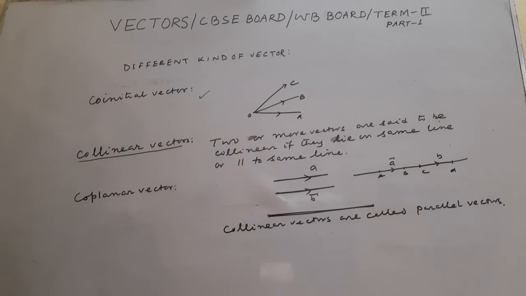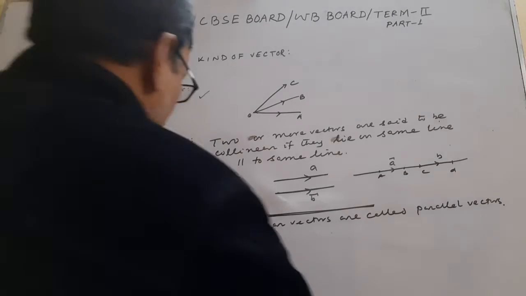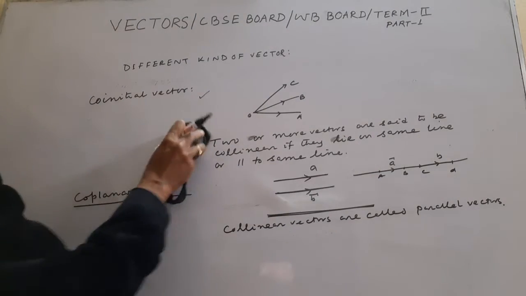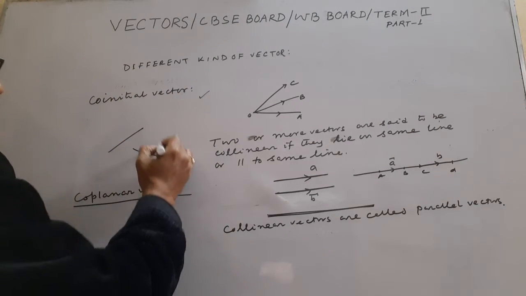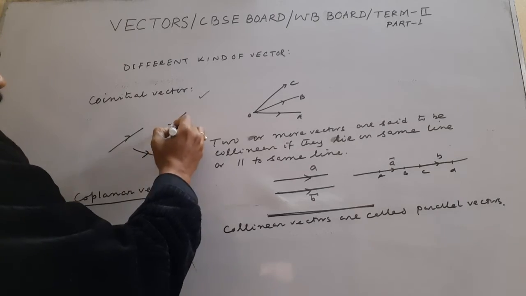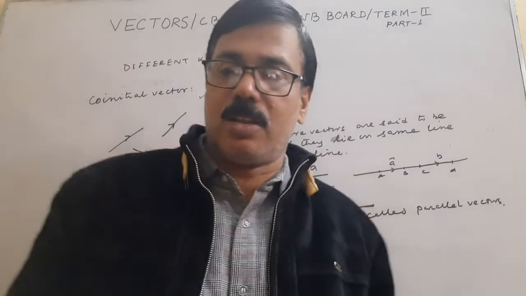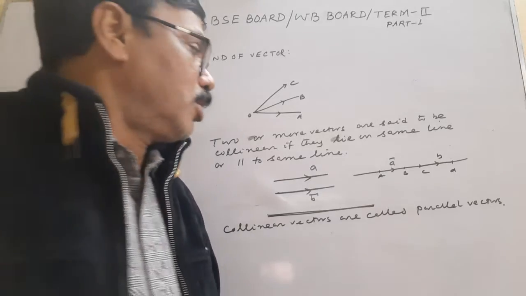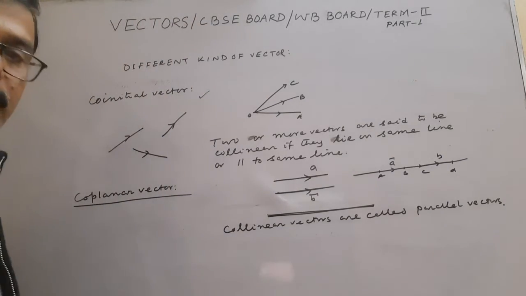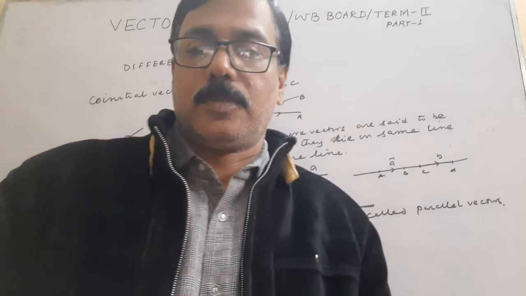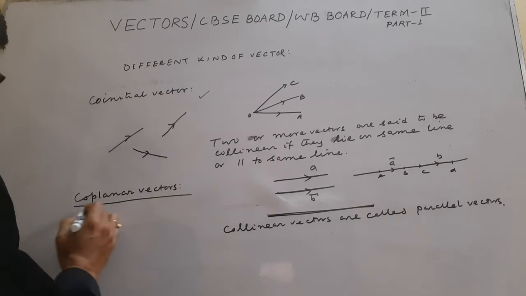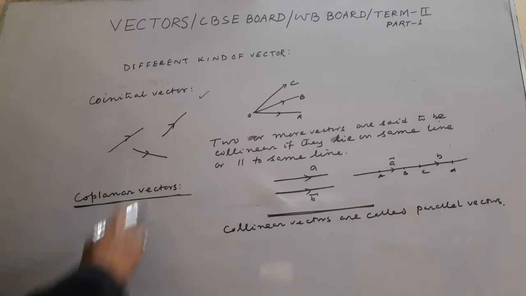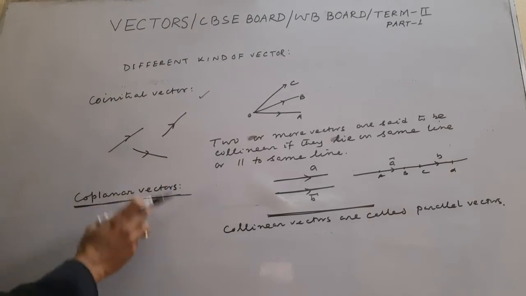Now coplanar vectors, the same type of definition. Look, this is a plane. They lie on the same plane, so they are coplanar. It is exactly the same as collinear, but in the case of a plane instead of a line.